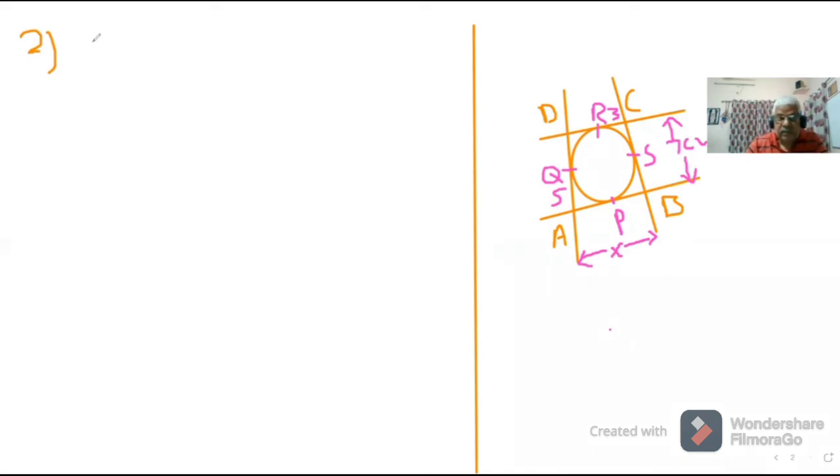Now, how to solve this? Very simple. Just by seeing, you can get the answers, but you have to be careful. First, consider the circle.